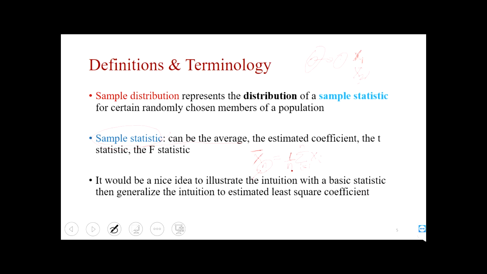And it would be a nice idea to illustrate the intuition with a basic statistic, then generalize the intuition to the estimated least squares coefficient, which will be one of the questions that you're going to be asked in tutorial 4. So consider the sample mean, and here we are talking about n. I think I should have put a small n over here.